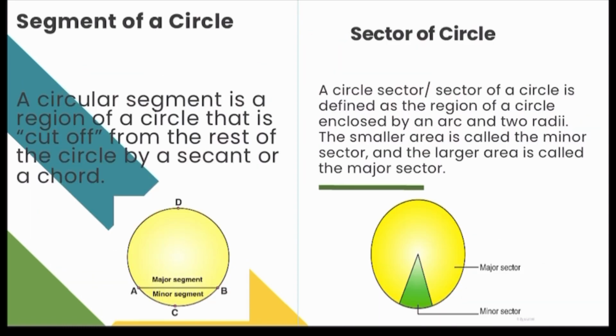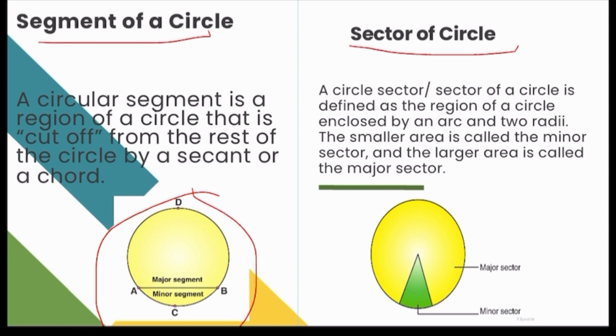Now, these are the main topics: segment and sector of a circle. A circular segment is a region of a circle that is cut off from the rest of the circle by a secant or chord. You can see this circle. When we use line AB to cut this circle, this part becomes the minor segment and the whole here becomes the major segment.